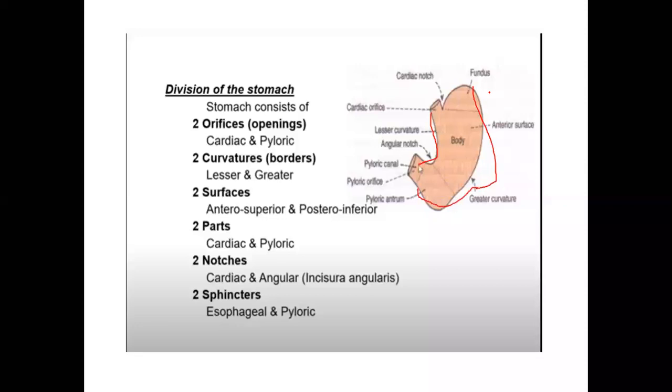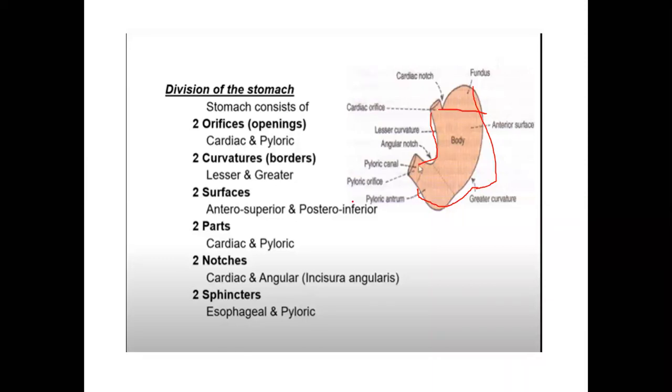We have two parts: this whole part is the fundus of the stomach. Then we have the cardiac part, then the pyloric region of the stomach. Then we have two notches in the stomach. One of them is the cardiac notch, and another one is the angular notch or incisura angularis, which you can see in this picture.